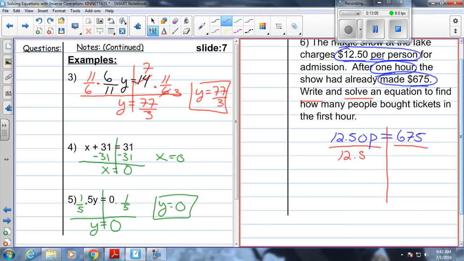And I'm going to write it as 12.5. We don't need that last decimal place. This side is going to be p all by itself. And then remember, in these real world problems, we're hoping that we don't get a fractional answer because it's really not possible for half a human to show up, I hope. That would be kind of scary, huh? So we've got to move those decimal points.